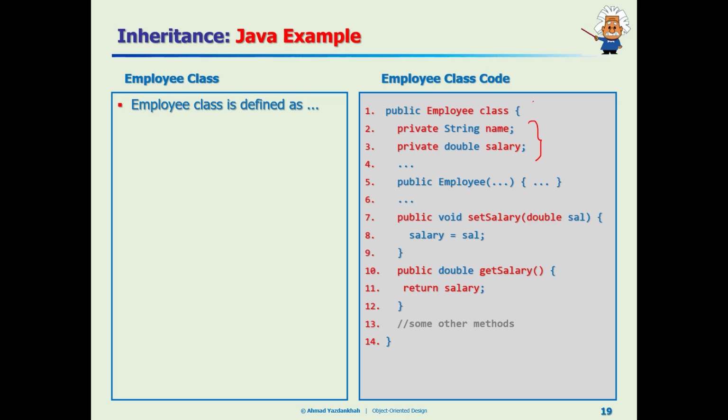It has two instance variables here, and it has a constructor that we didn't show here. We will show that later. So we have setSalary and getSalary here, and our focus right now is these two.